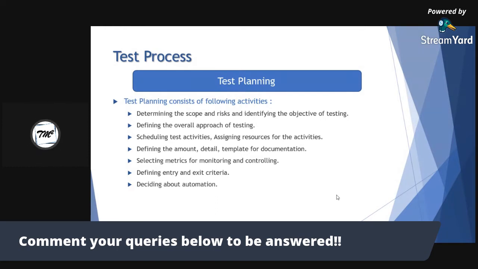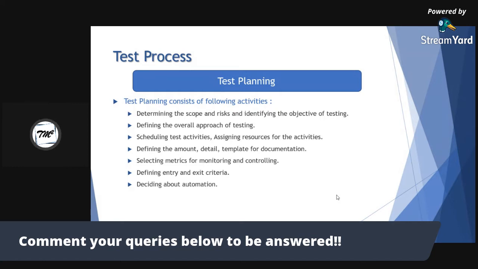On the other side, monitoring and control is a process of measuring the progress on the project, which is done with the help of metrics, where metrics are certain formulae which can help you measure an entity with some kind of calculation. Whereas test control is the necessary controlling actions which are taken if your plan seems to have deviated at any point of time. But all these activities are the responsibility of the test manager.